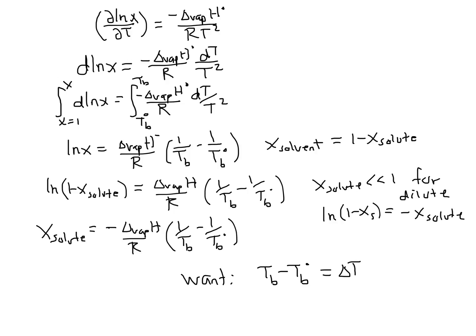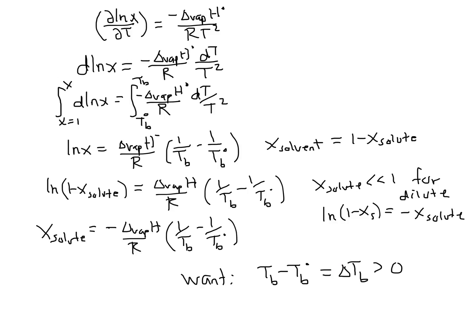That is what we call the difference in the boiling point. Notice that the boiling point of the mixture is always larger than the boiling point of the pure solvent, and so if I take the boiling point of the mixture and subtract the boiling point of the pure solvent, this will be a positive number. So this is the thing that I'm after, and I want to know how that is a function of the mole fraction of my solute.